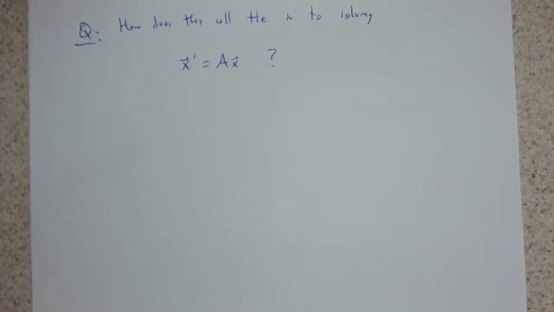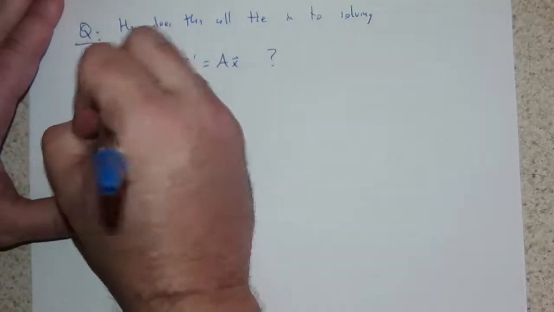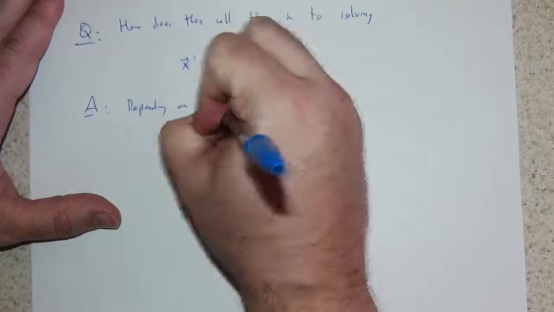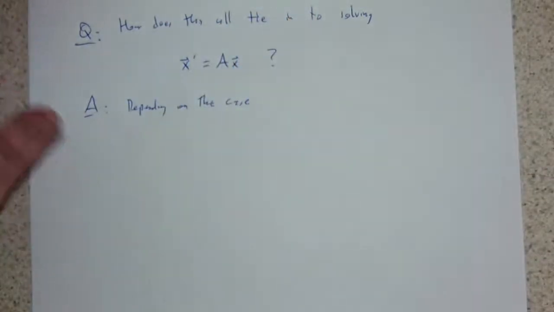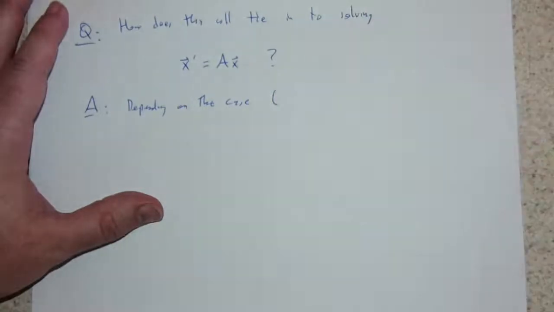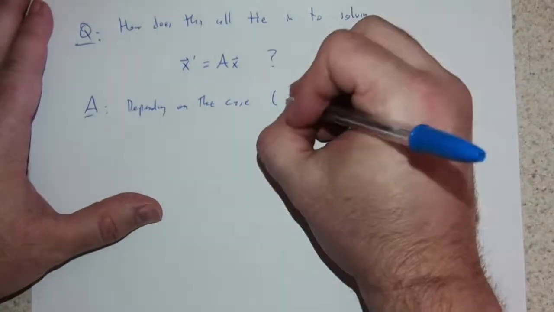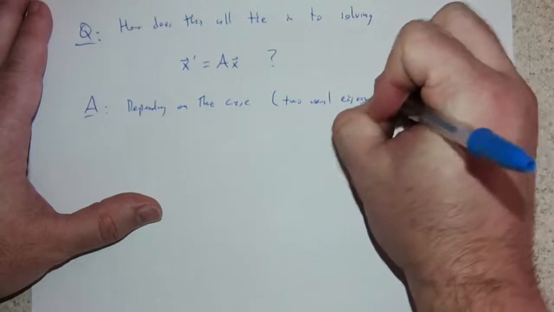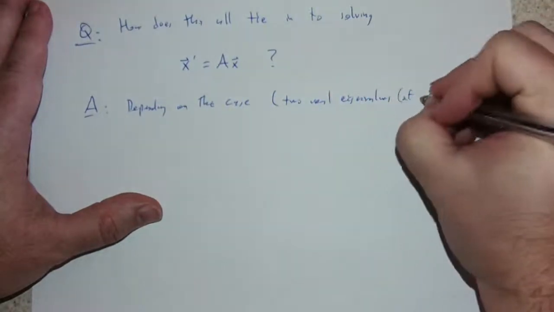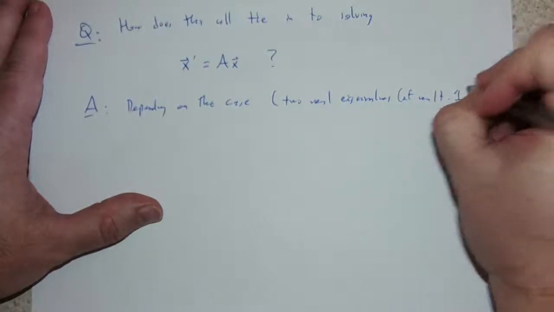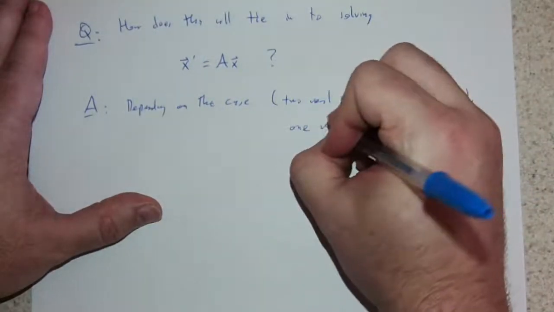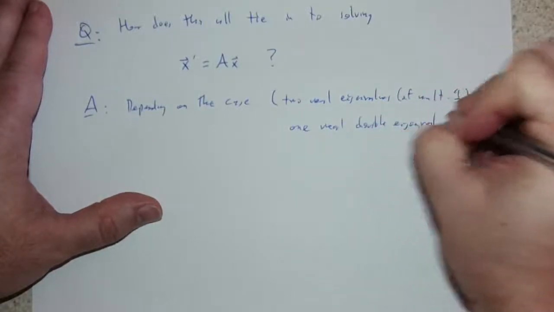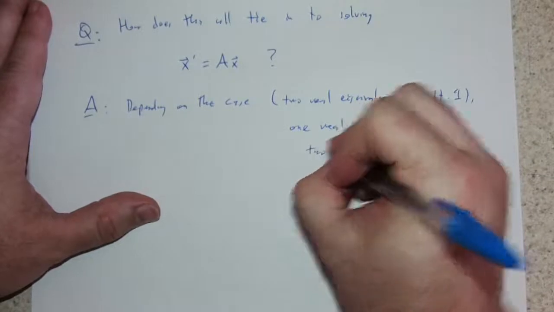The answer is, depending on the case, you are very familiar with these cases: two real eigenvalues of multiplicity 1, one real double eigenvalue, or two complex eigenvalues.